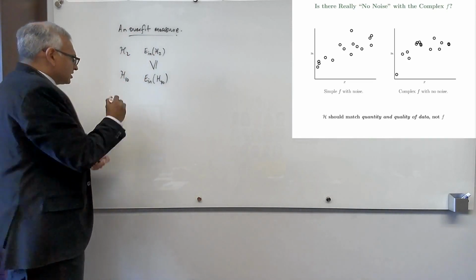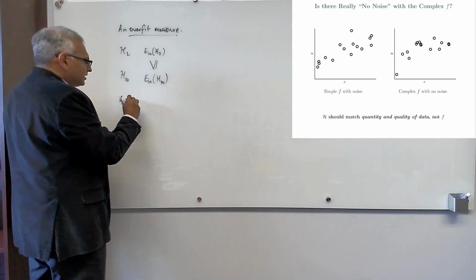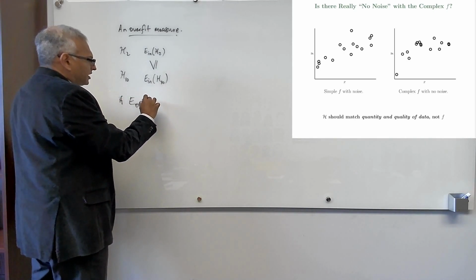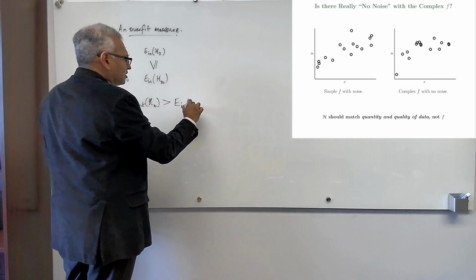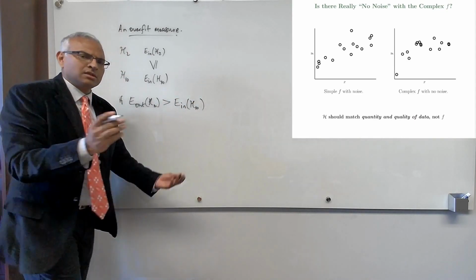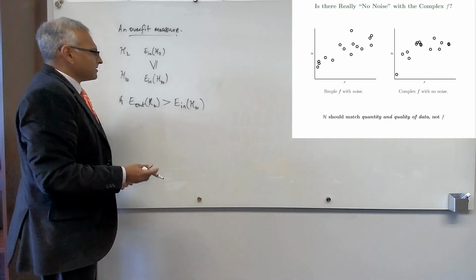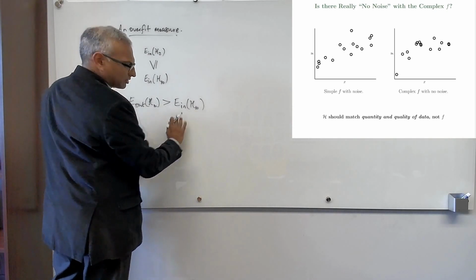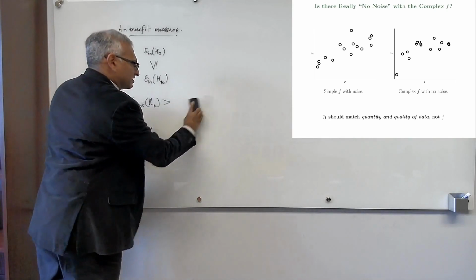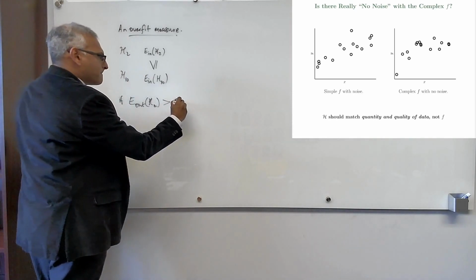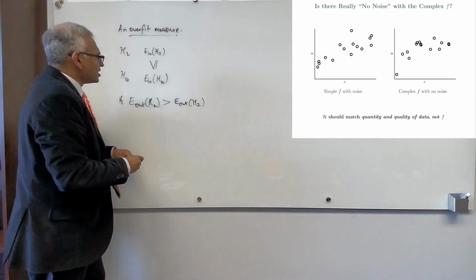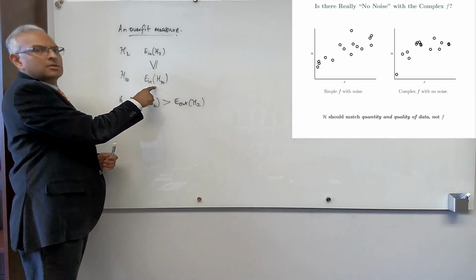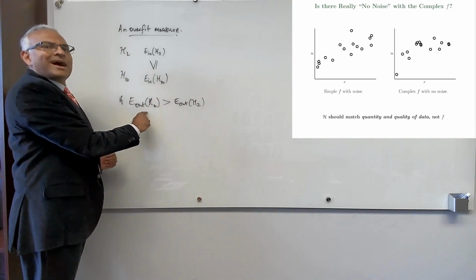Okay, so if E out of H10 is greater than E out of H2, then we have overfit, right? Because we went for the lower in-sample error, okay, and got a higher out-of-sample error.